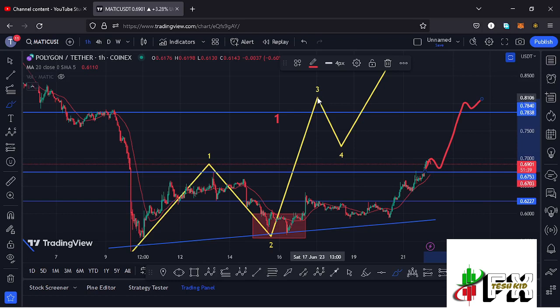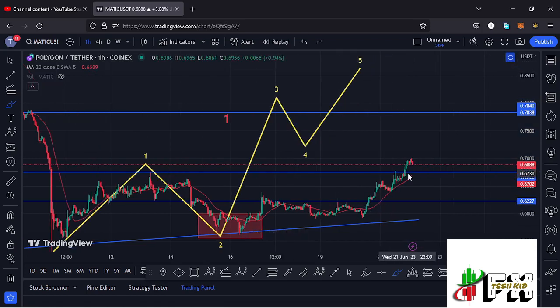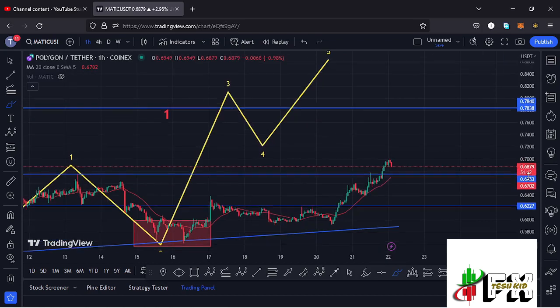We also need to keep in mind that since for the past 2 days we have been seeing a very nice pump to the upside, there are chances that at some point, before we fully maximize our target areas in the formation of that wave 3, Matic is going to give us a bit of a cool off. As a result, we can expect a short-term pullback that might last for a few hours.